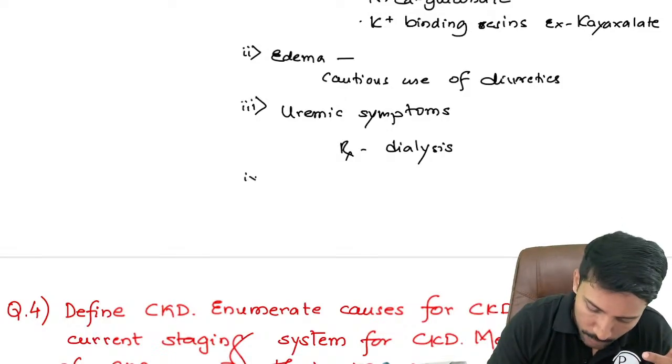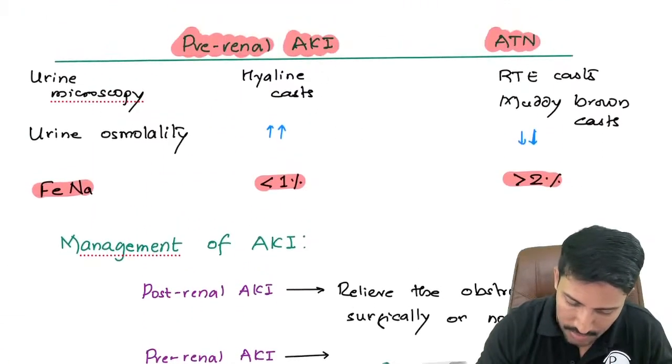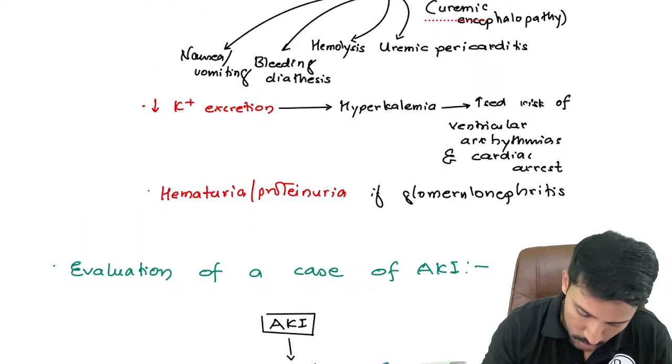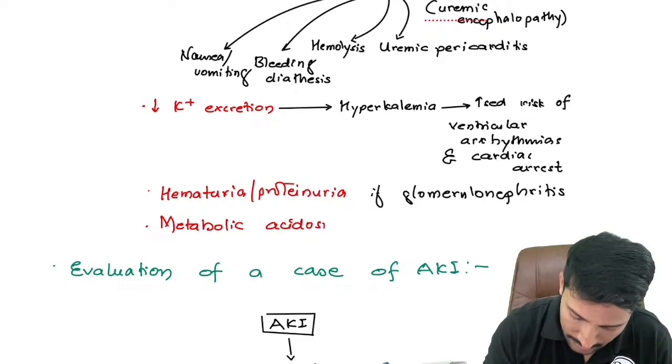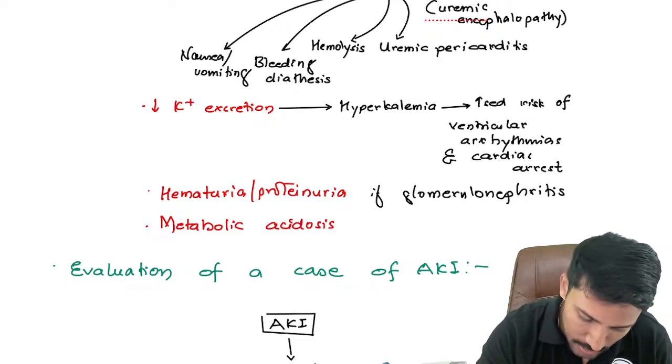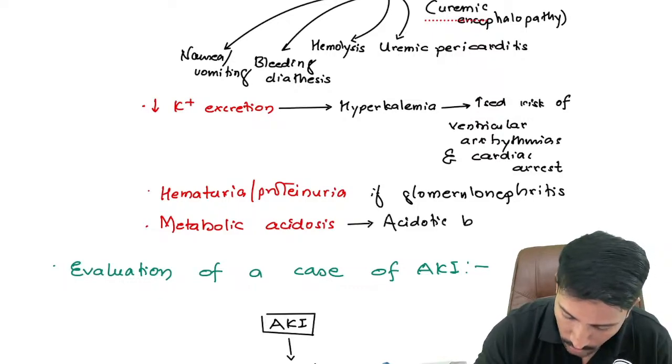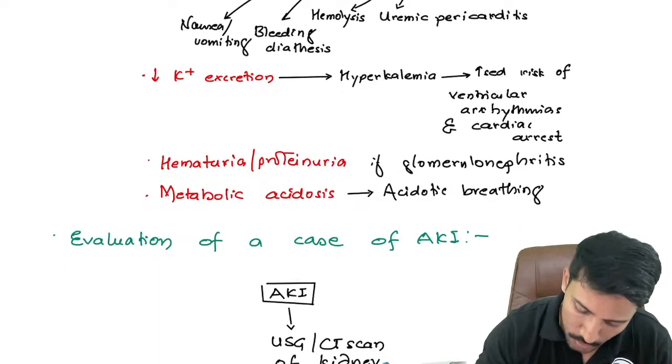The fourth thing we have forgotten to mention in the clinical features: it can lead to acidosis, right? It can lead to metabolic acidosis, and that may present with acidotic breathing, or what you call Kussmaul's breathing. Also, acidosis suppresses the cardiac function, so it can lead to hypotension.